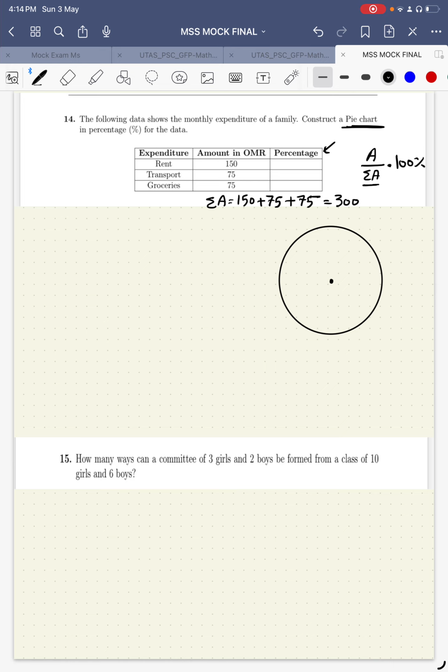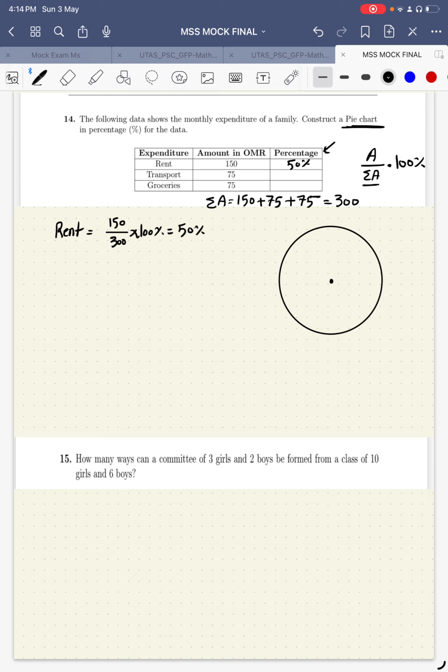For the rent, what I'm gonna have, 150 divided by 300 times 100%. If I use the calculator, it's gonna give me what? 50%. So I'm gonna write here 50%.